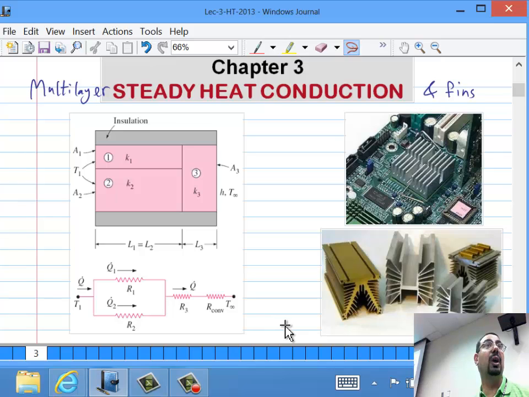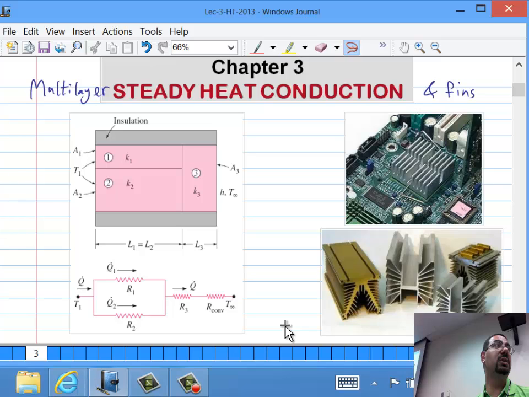And the current that goes through all of them is the same current, because they are in series. That current is the voltage across the two terminals divided by the equivalent resistance. So this concept makes our life much easier in heat transfer as well.